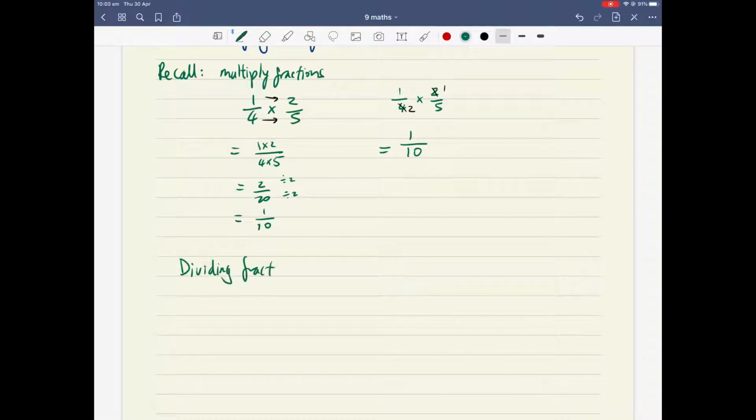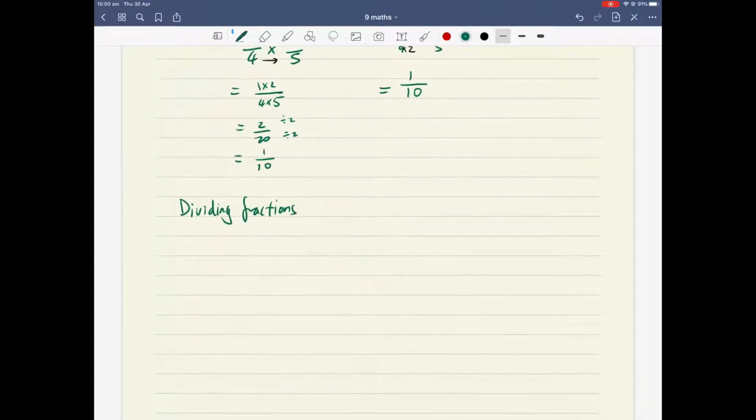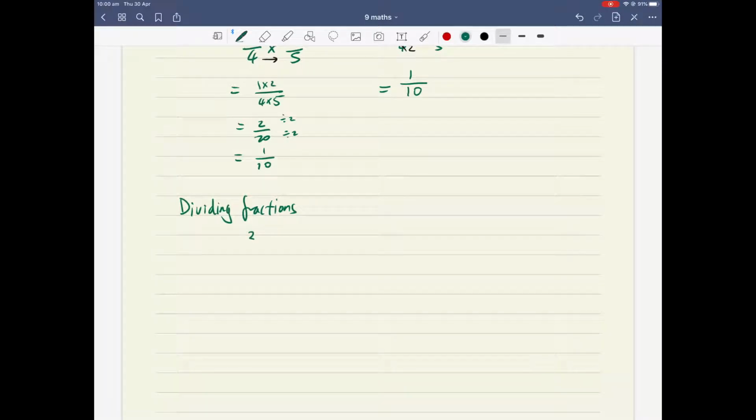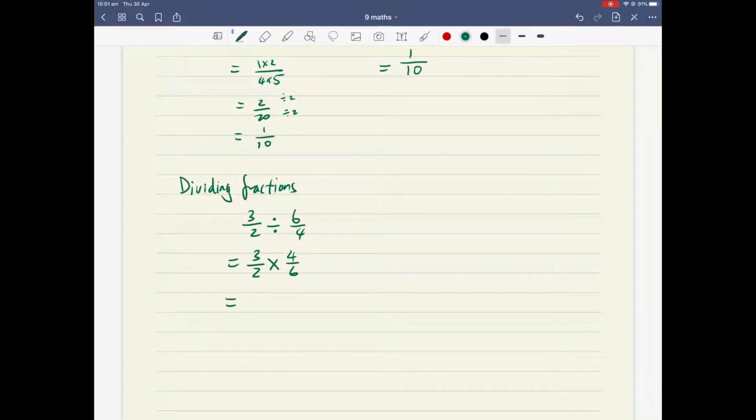And then you recall dividing fractions from year 7 and 8. Let's say you wanted to divide 3 over 2 by 6 over 4. What you would do is the first guy stays the same. You turn the divide into a multiply and then you flip the second guy.